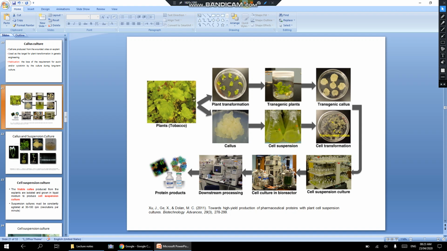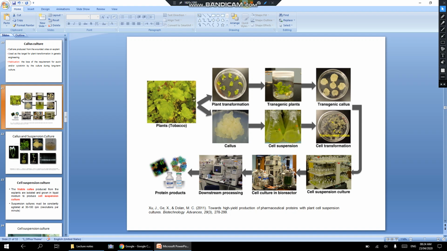Once the gene has been modified, you transform the gene into the plant, and then you grow the plant in a tissue culture media, and eventually it will grow bigger.